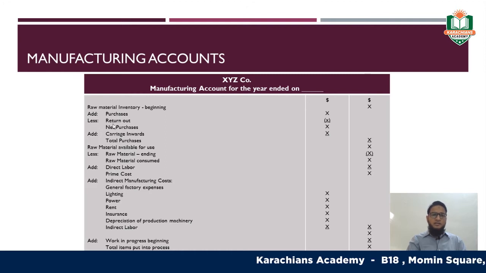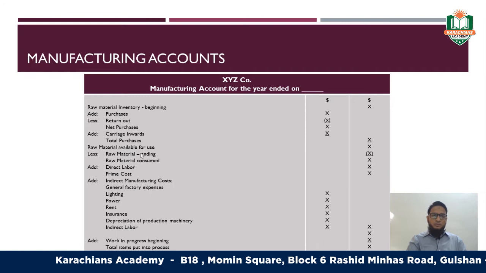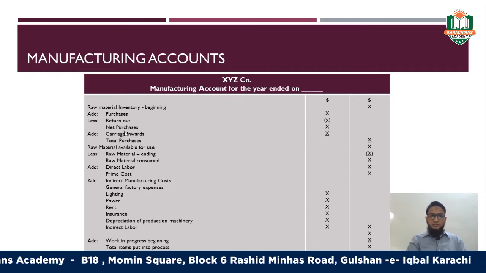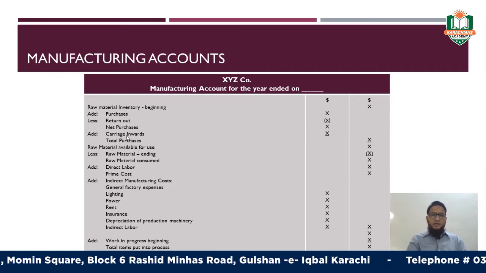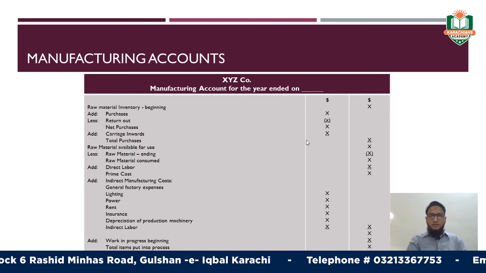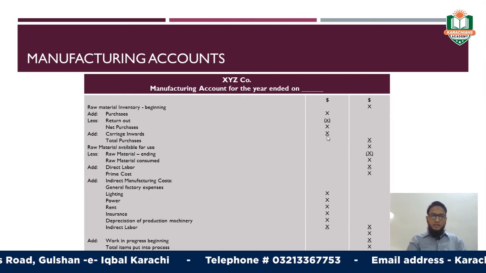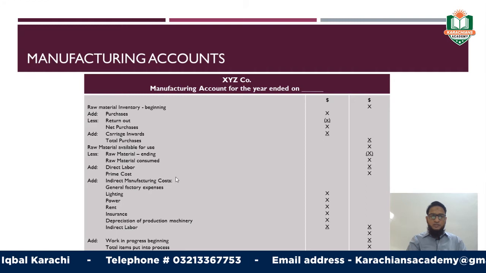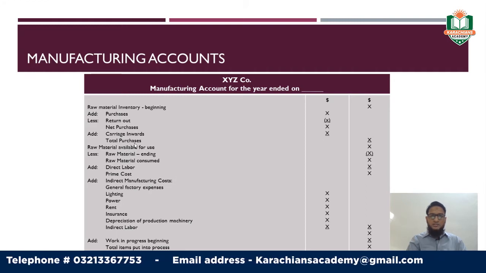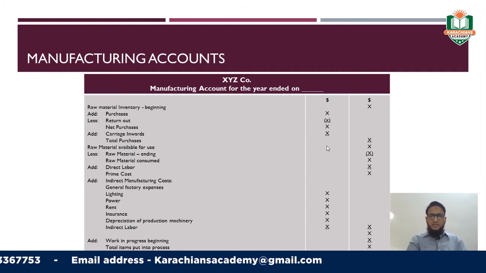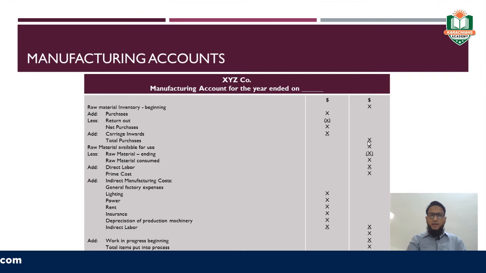If there is any return of raw material, subtract it from here, right, in order to get the net purchases, then add the carriage inwards, right? Carriage inwards in the net purchases in order to find out the total value of purchases. The total value of purchases will be written just under the opening raw material balance in the last column, right?